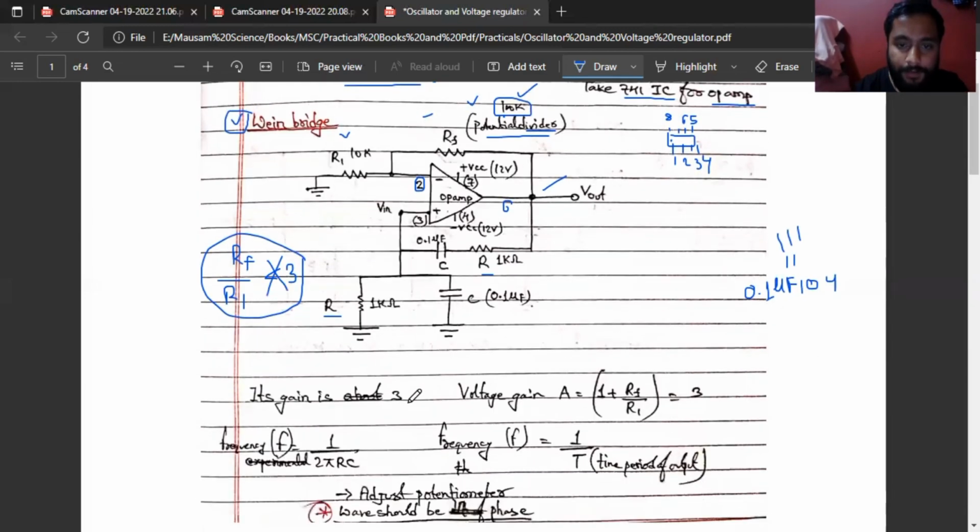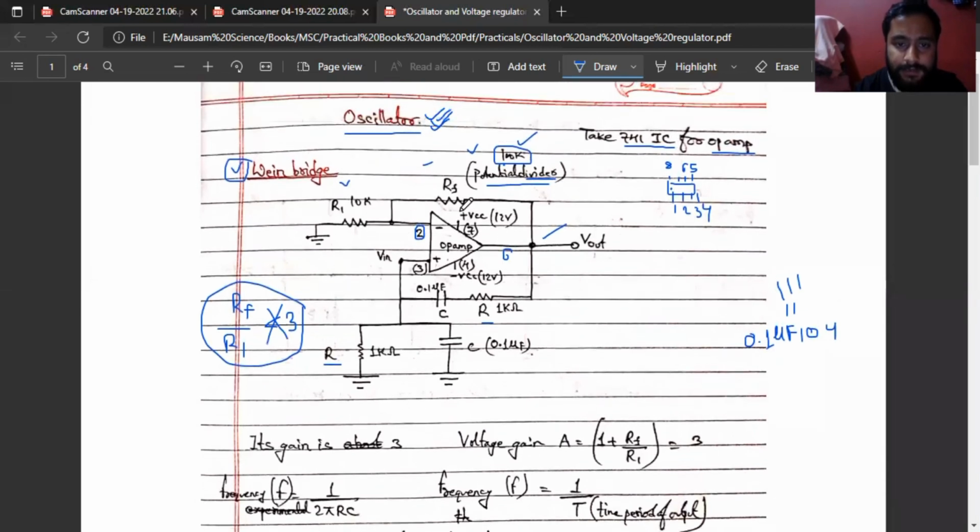Okay, so all our connections are clear. One thing I forgot to say: in this op-amp, pin 7 and pin 4, which you can see here, pin 7 will be given positive VCC of 12 volt, and pin 4 will be given minus VCC of 12 volt.